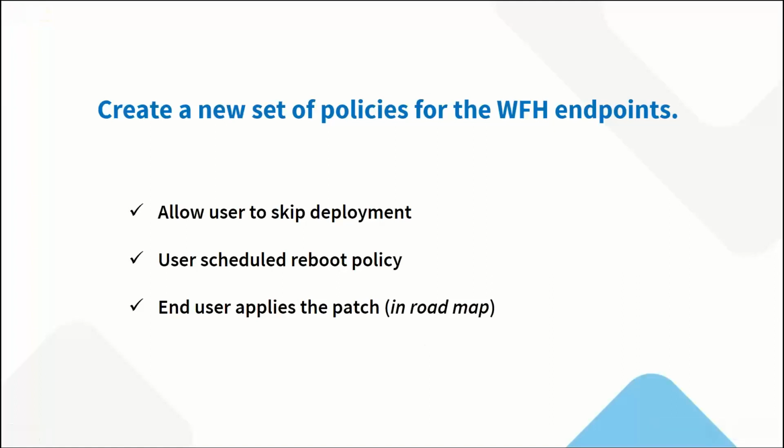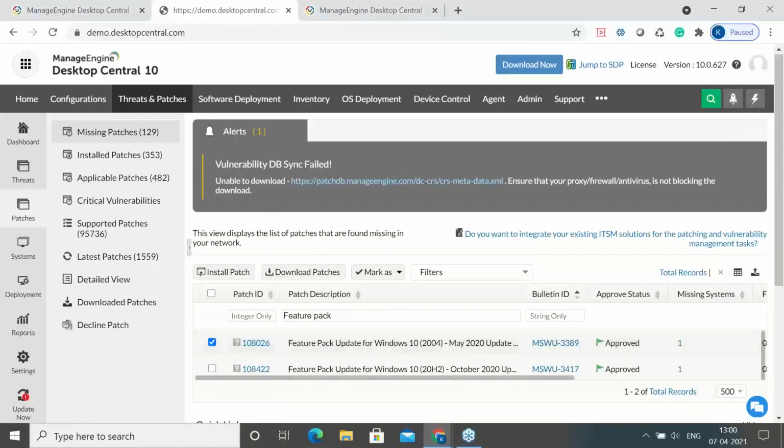Now let me quickly take you to the console and show you how you can create a deployment policy specifically for work from home machines, and how you can add this policy to an automate patch deployment, or APD, task specifically for work from home machines. Let's quickly take a look at how this is done.